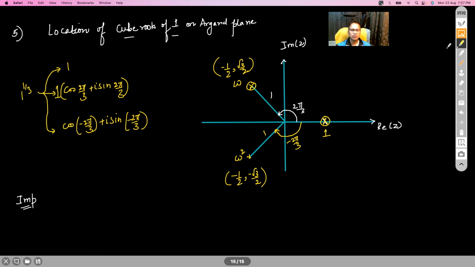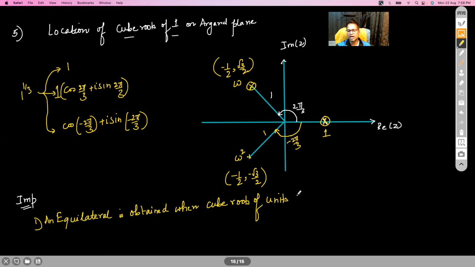Number 1, if you connect all the cube roots of unity, you get an equilateral triangle. So an equilateral triangle is obtained when the cube roots of unity are connected.